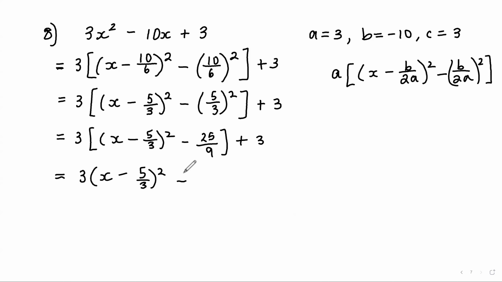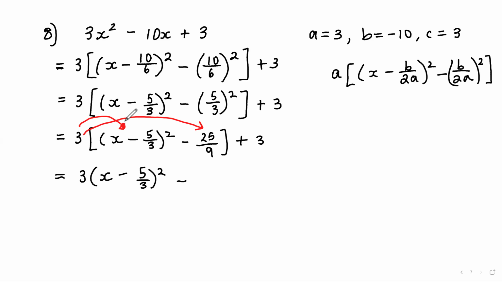Do you have your calculator? Yeah, 3 times 25 over 9, because I'm removing the bracket. So I have to multiply throughout by 3. So 3 times this is 3 by x minus 5 over 3 squared. And now I want to multiply 3 by 25 over 9.